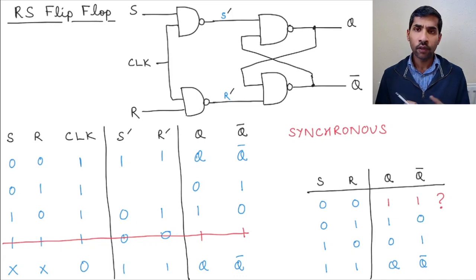Hopefully, so basically the RS flip flop and the SR latch are very similar in function, other than the fact that RS flip flop is a synchronous circuit while an SR latch is an asynchronous circuit. Okay, let's stop here and we'll continue in the next video.